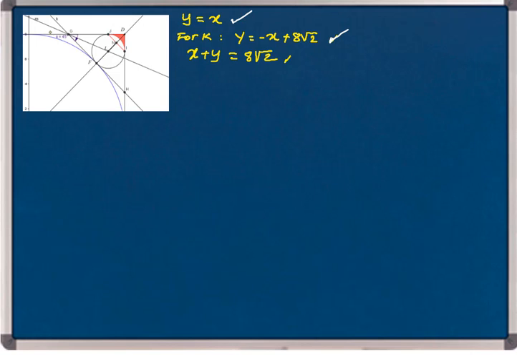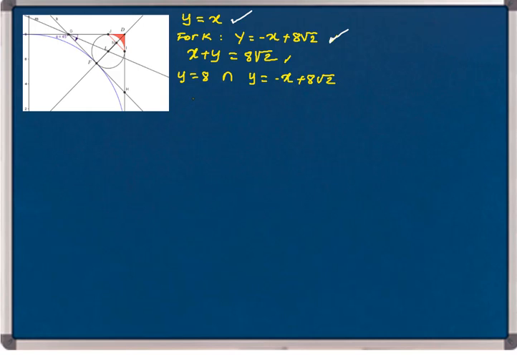Okay. Now let's try to find the coordinates of point G. We know that K passes through point G, and at that point Y is equal to 8. 8 is one of the dimensions of this square, and that horizontal line is Y equals 8. So the line Y equals 8 intersects the line Y equals minus x plus 8 square root of 2.